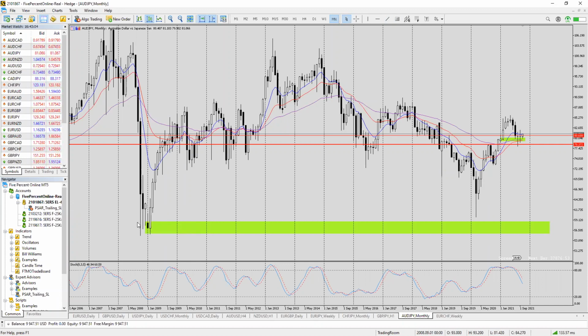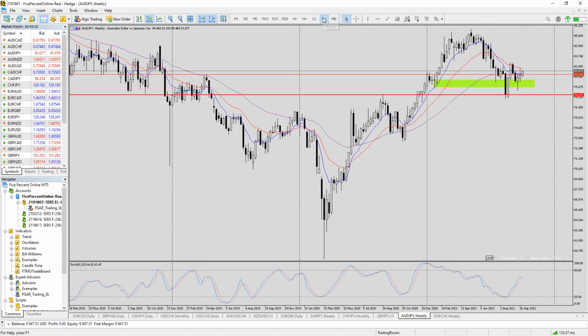Well, it almost touched the base of the supply zone, but we still have a big demand zone around here, a strong demand pushing the price higher. It almost touched it, so it could be just a small corrective move ahead of a continuation to the upside.